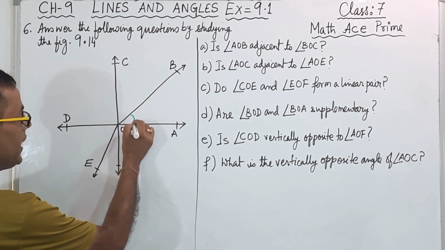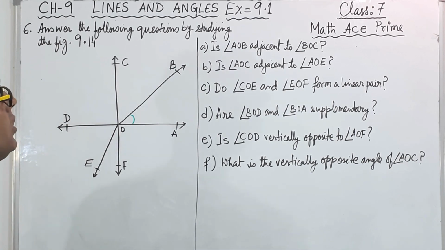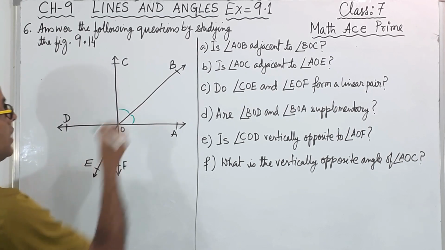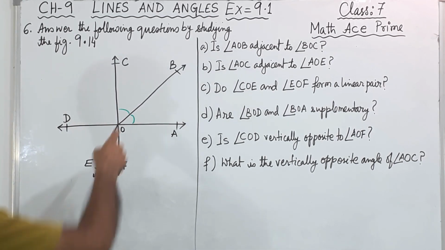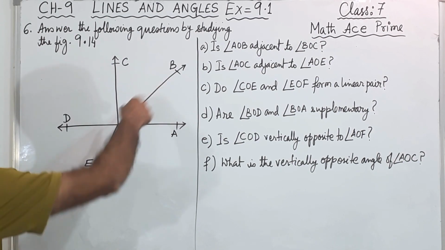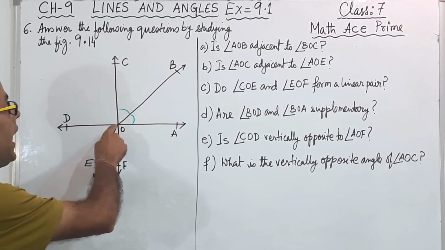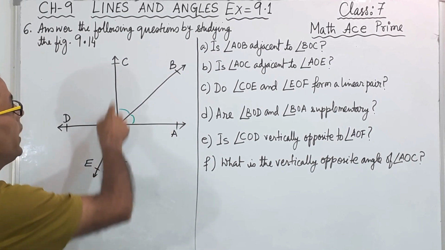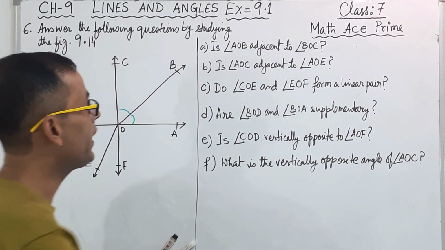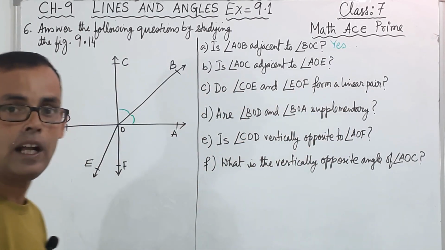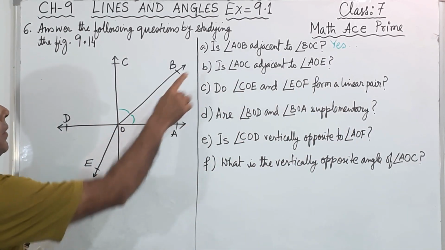So this one is AOB, adjacent to BOC. So let us find out BOC. So this is BOC. So you can see, yes, these two are adjacent because they have a common arm and one common vertex is O, and the non-common arms are OA and OC. So what I will say here, yes. Clear? Understanding or no?